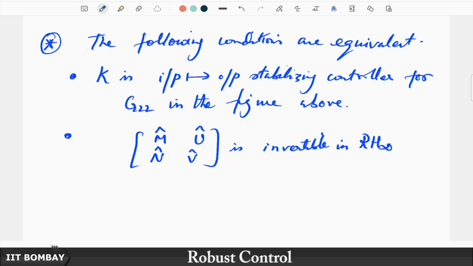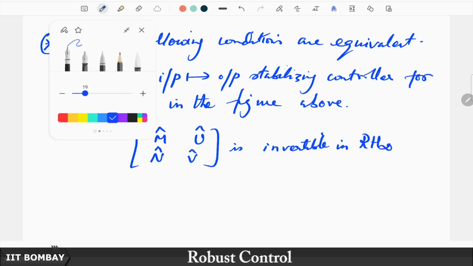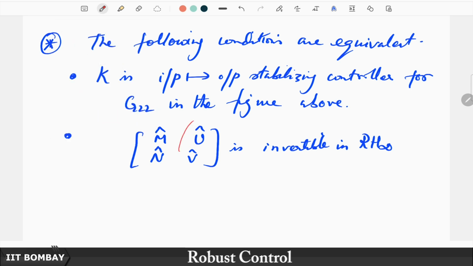Look, this M hat and N hat you get immediately from the plant. Then it reduces our job of designing the controller to exactly the following question: can we get U hat and V hat such that this overall matrix has its inverse in RH infinity? If we can manage to do that, then we would have actually designed a controller which input output stabilizes the particular system that we are concerned with.